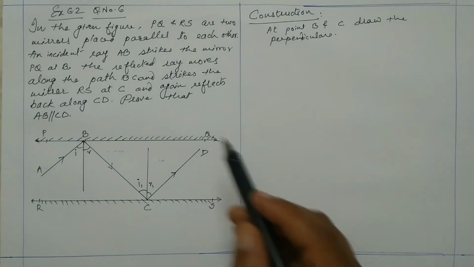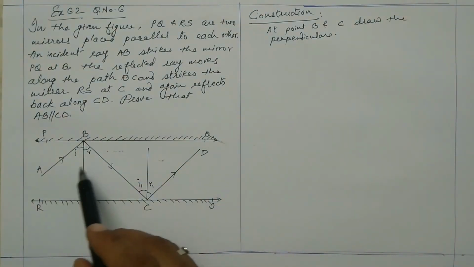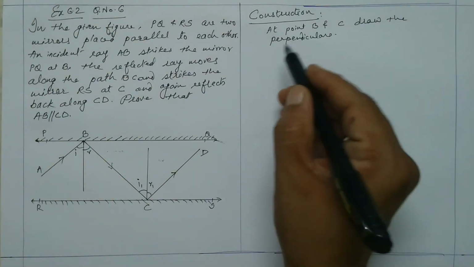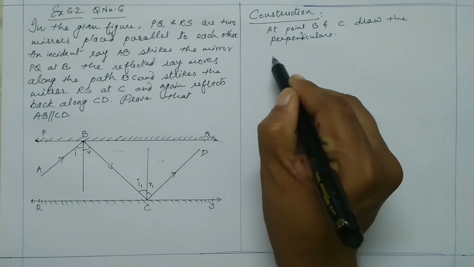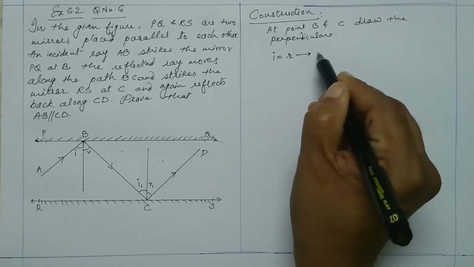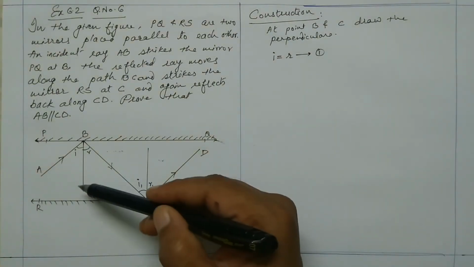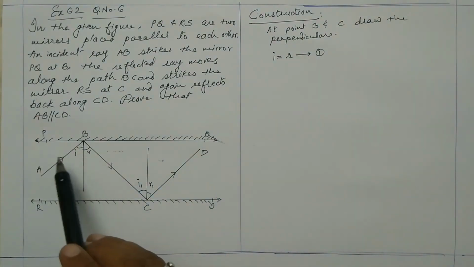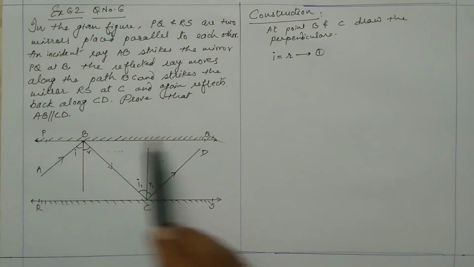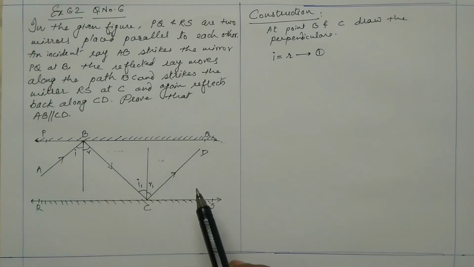As we said, AB is the incident ray and BC is the reflected ray, so we know angle of incidence is equal to angle of reflection. So I is equal to R. We will call this result number 1. Now this is a perpendicular drawn at point B on mirror PQ, and this is a perpendicular normal drawn at point C on mirror RS. Both the perpendiculars are parallel to each other.